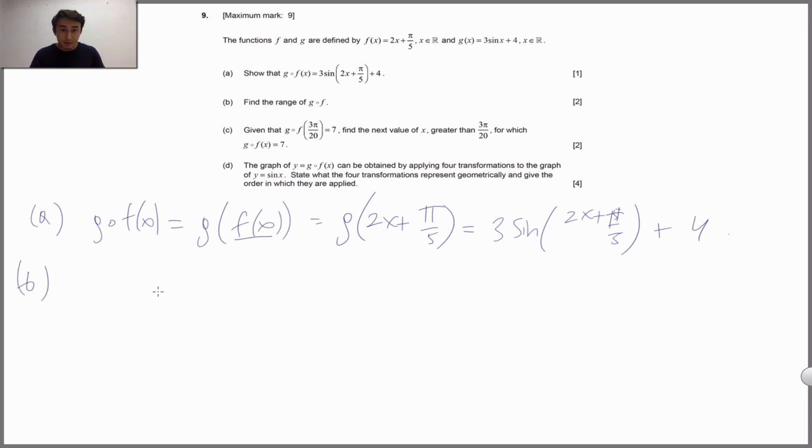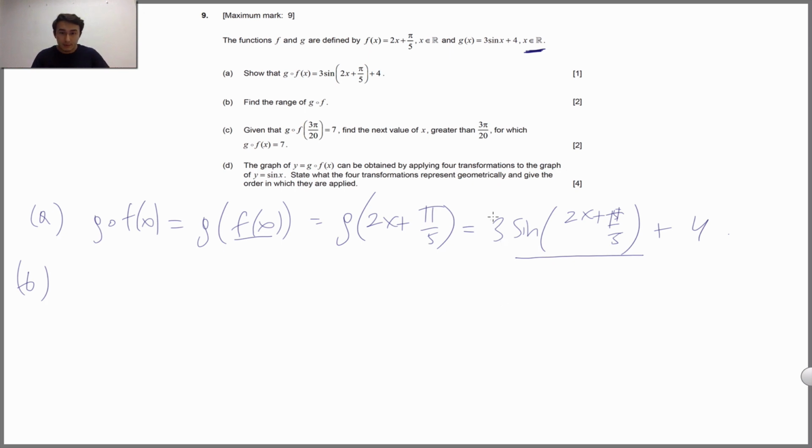Part B. Find the range of g of f. So let's see. What's the minimum value of sine (2x plus pi over 5) for any x here? Well, the minimum value is -1. The maximum value is +1.